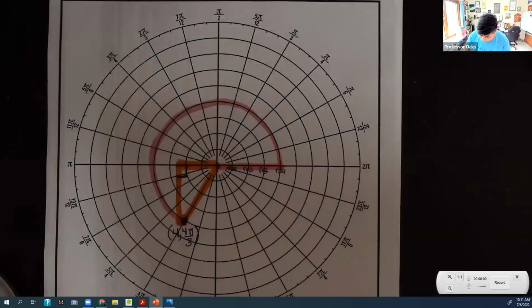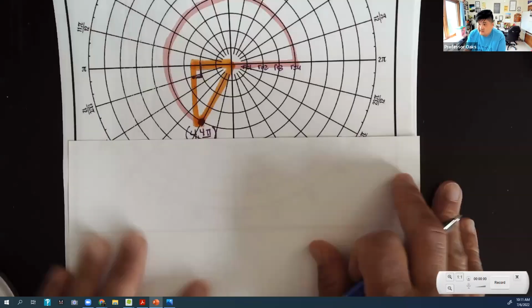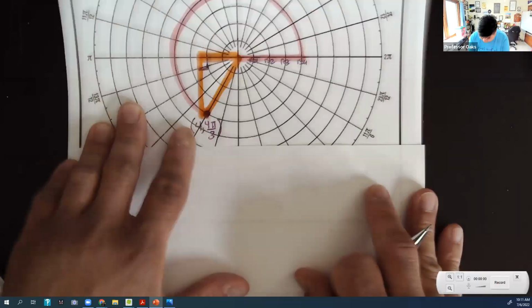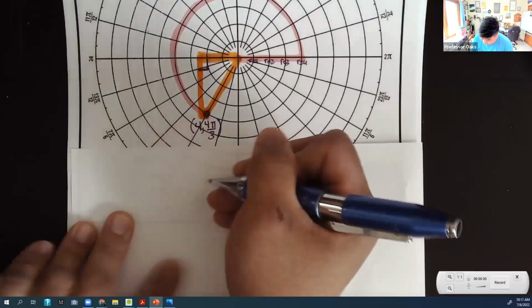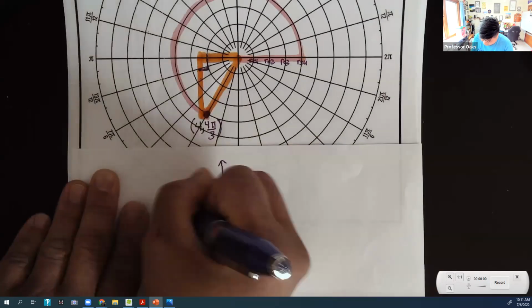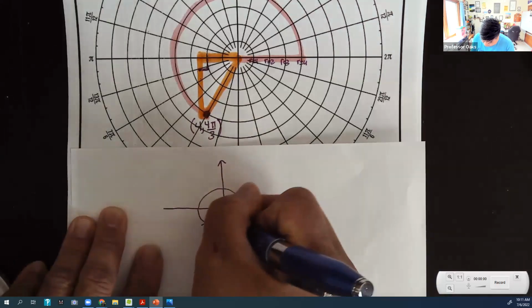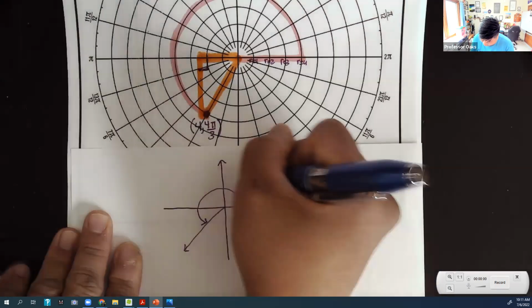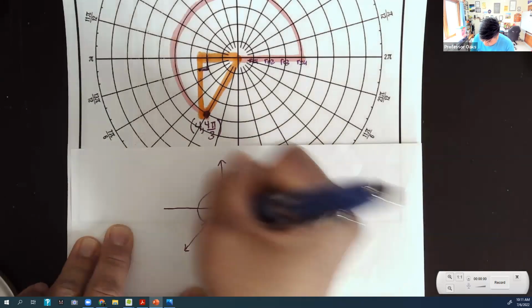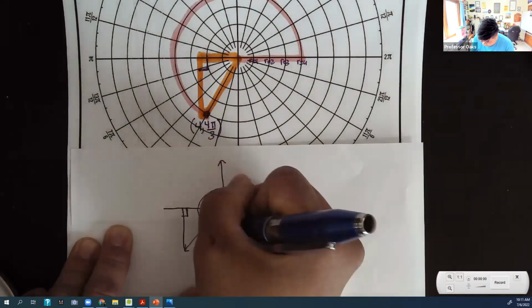If you draw this without all of the clutter, then what you really have is the same problem as if it said, here is a 4 pi over 3, and this is actually R is 4.